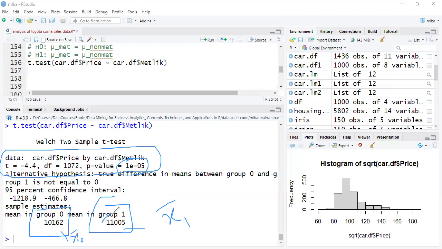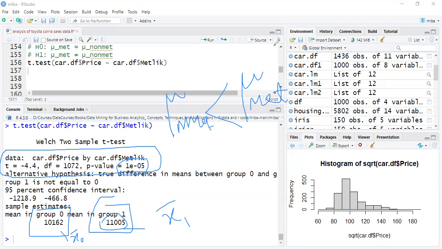So which is higher? Definitely the sample is indicating that the price of the metallic car is higher as compared to the non-metallic car. So the conclusion is: mu metallic is larger than mu non-metallic. This is my conclusion in this analysis, right?